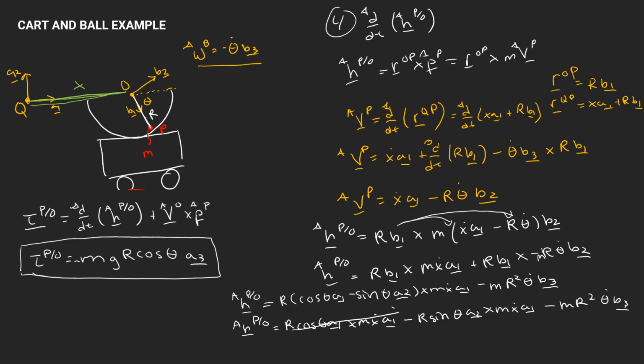So this term, because you have the cross product between two A1s, ends up going to 0.